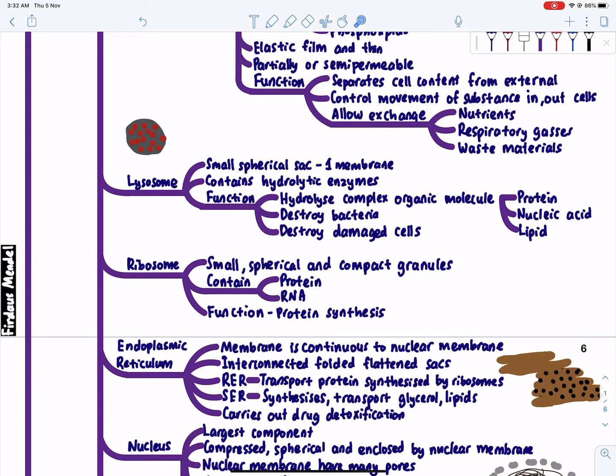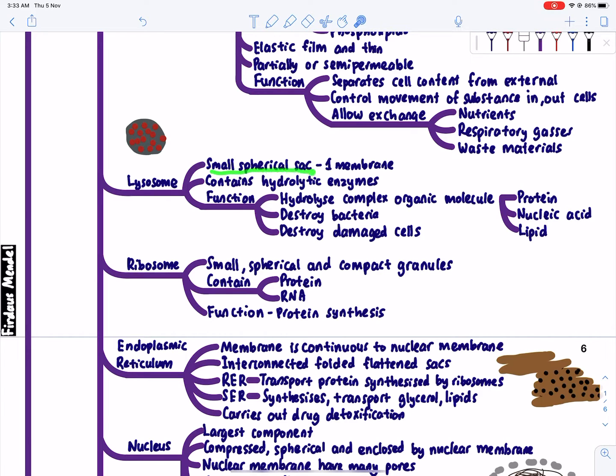This is just an example; I drew the color as red or black, but the color itself is not like that. If you want to see the real image of this lysosome, you can turn to page 25, which shows the real image of the lysosome.